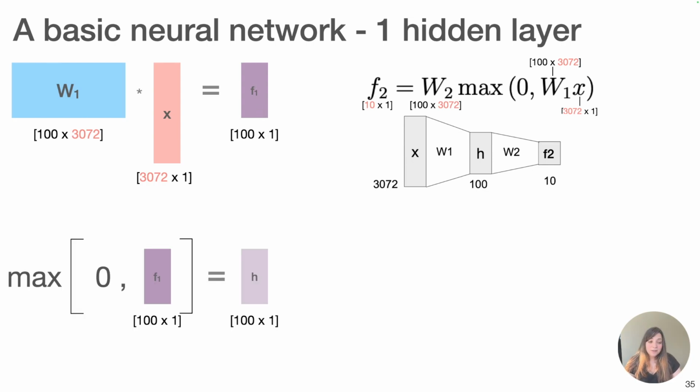The next computation, as I said before, is to apply a nonlinearity, and this is again a very simple computation where you take every number in the vector F1, and anything that is greater than 0 you keep, and anything smaller than 0 you make 0. And this is how you obtain the hidden layer.